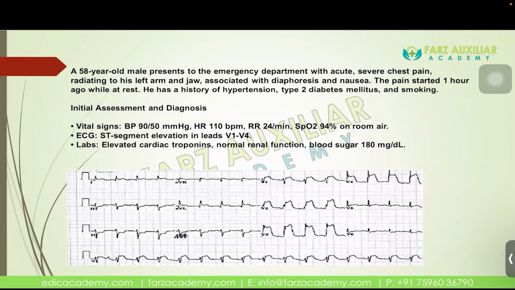Please go through the ECG so that we can begin with the questions. ECG shows ST elevation V1 to V4, and I think elevation in AVL too. V1 and AVL also, yes. And then in 2, 3 and AVF you have slight ST depression.